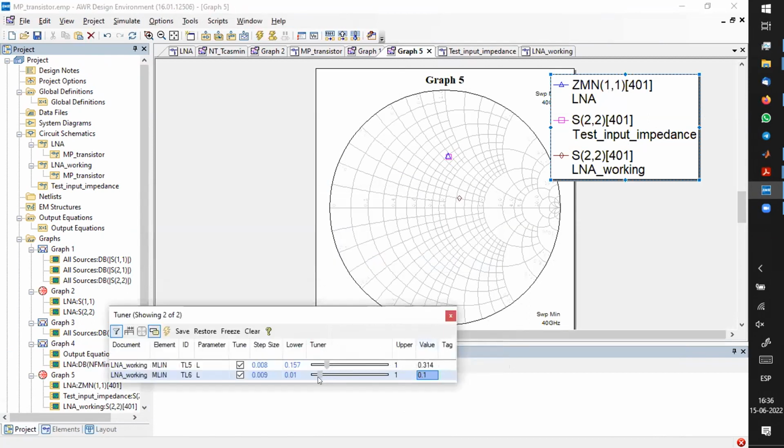Okay. Maybe it could be a bit longer. Which one is that one? Yeah, now it makes sense. So don't go too middle. Maybe we need to add, yeah, 400 or something like that. Maybe the series line could be a bit longer.